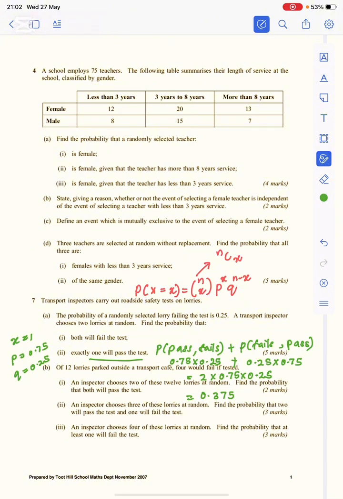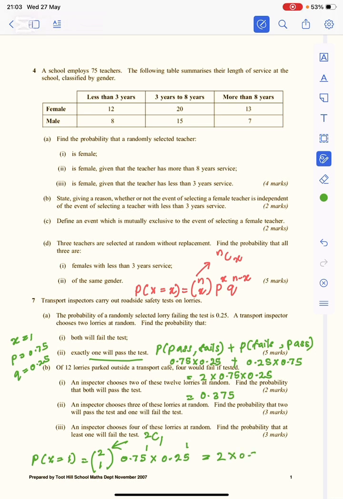Now it is asking exactly one will pass the test. So probability x is equal to 1. Then 2C1, success is 0.75 to the power 1 into 0.25 to the power 1. 2C1 is 2.